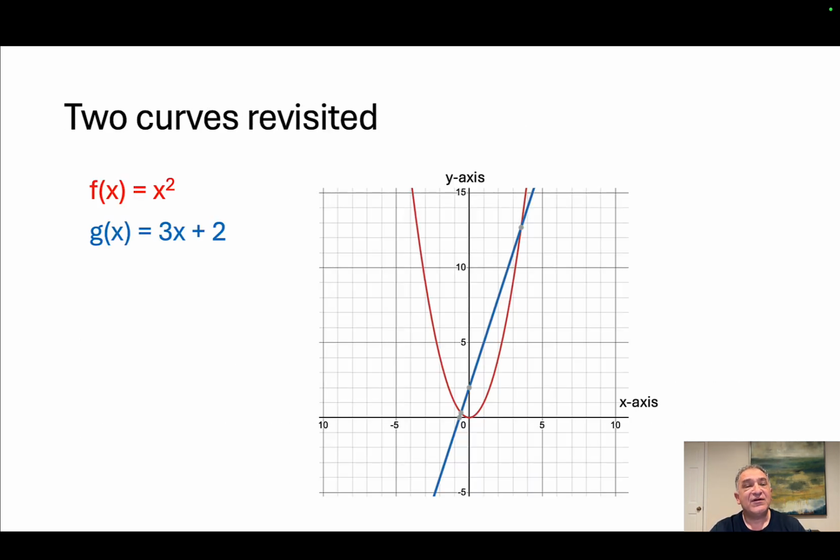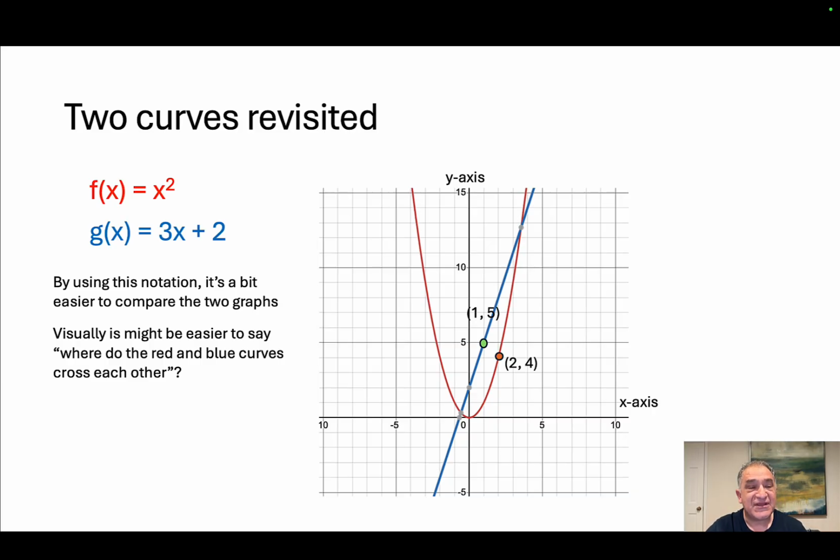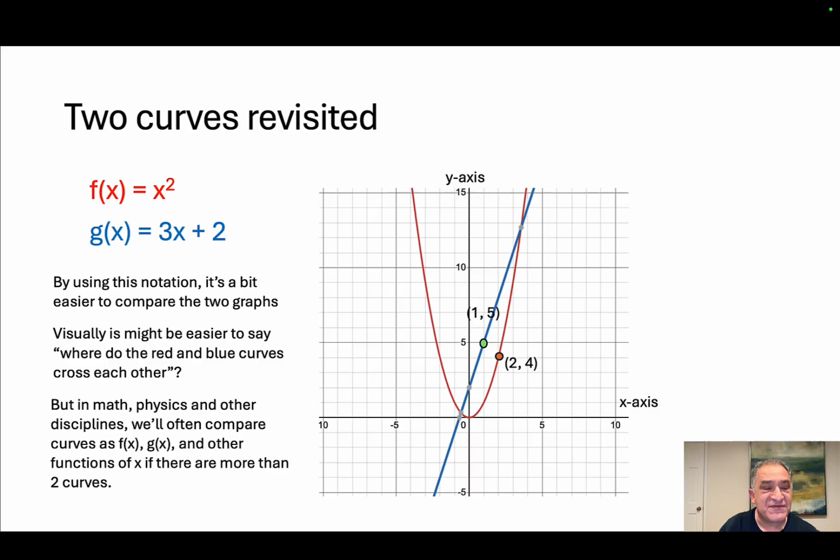So here we are, looking at two curves again. Using this notation, it's a bit easier to compare the two graphs. Visually, it might be easier to say, where do the blue and red curves cross each other? But in math, physics, and other disciplines, we'll often compare the curves as f of x, g of x, and other functions of x if there are more than two curves.